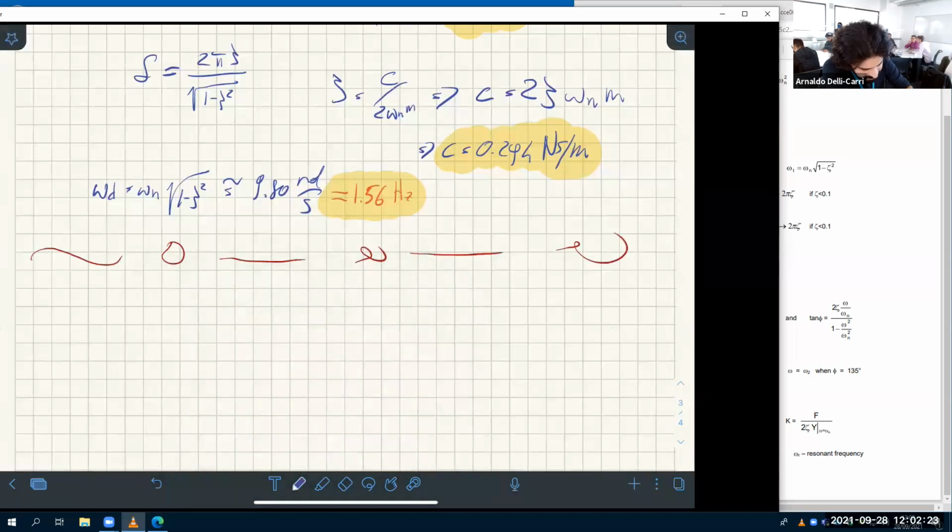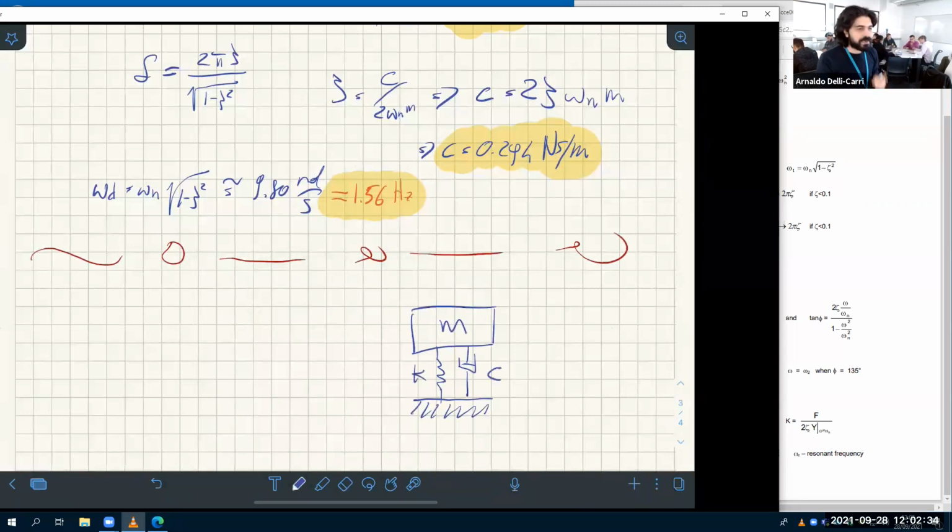The theory is always the same. You have the same system as before, but now there is an external force. And this external force, as a function of time, can be anything.